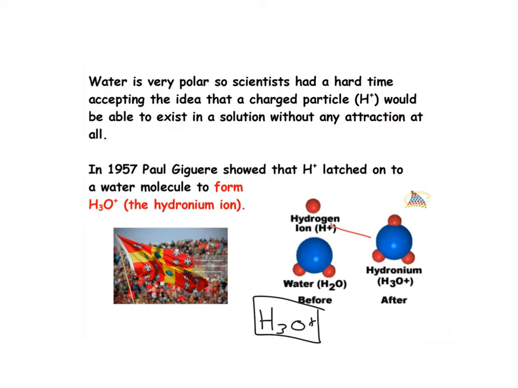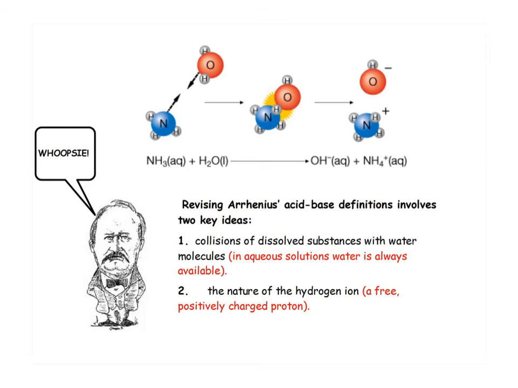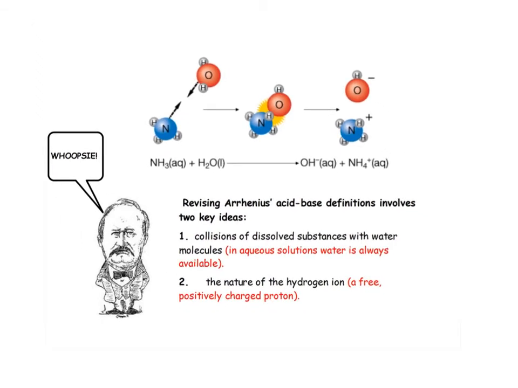But now that we're in acids and bases, we're going to be talking more about hydronium. If you ever do see an H+, it's still talking about hydronium, just in a simpler form. So we revised Arrhenius's idea and incorporated water because water is always available, and we also incorporated the idea of the hydronium ion.